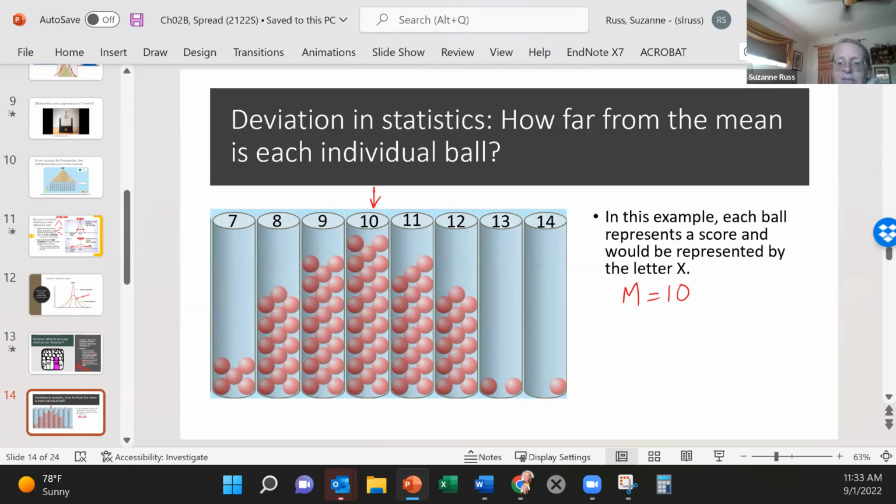So what are our deviations? Well, the deviation would exist for each score. If this is the mean, then we figure out how far this score is from the mean, and this score, and this score, and this score. How far away are they?